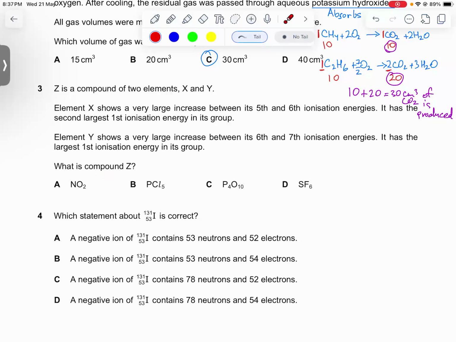Okay, so Z is made from X and Y, and we have been given two hints. First is that it has the second largest ionization energy in its group. Now, when we talk about ionization energy down a group, it decreases, right?